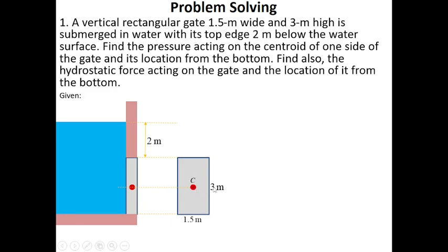Okay, this is the centroid, and we were to find the pressure at the centroid. And its location from the bottom. So pressure at C and its location from the bottom. Z sub C. Ito.